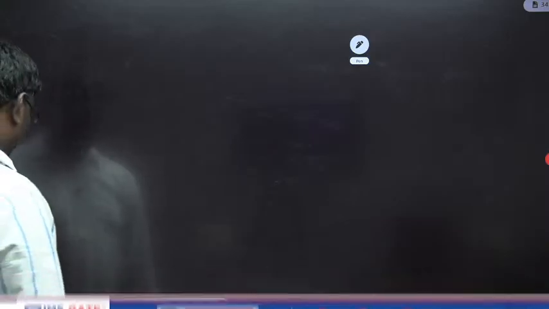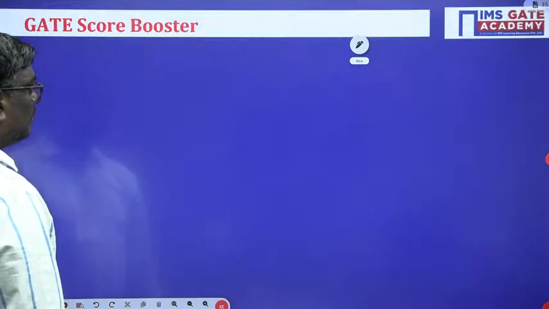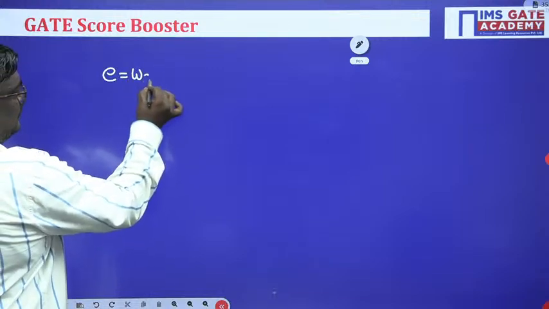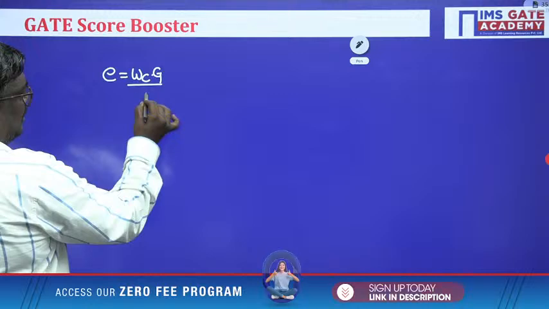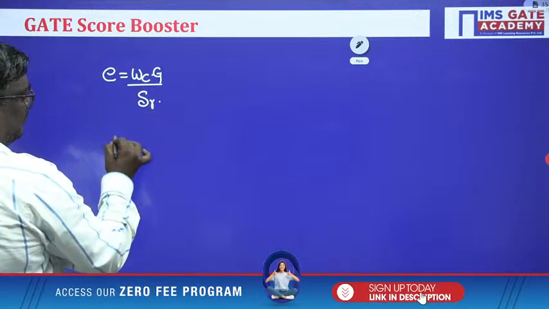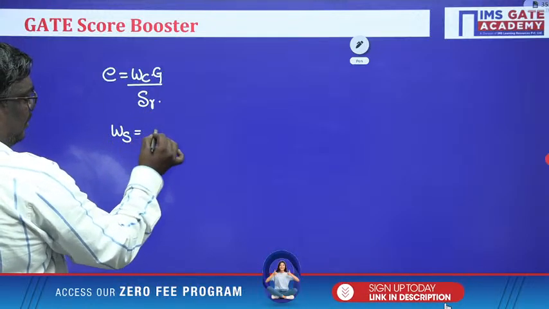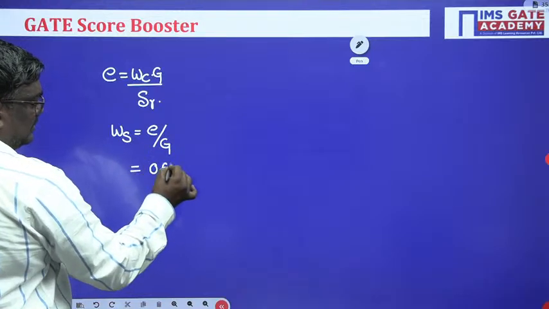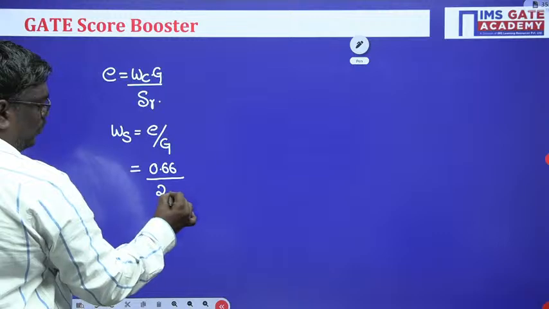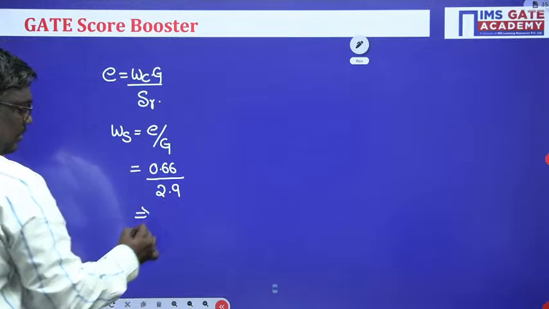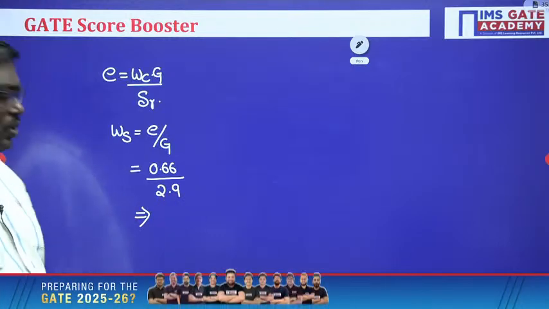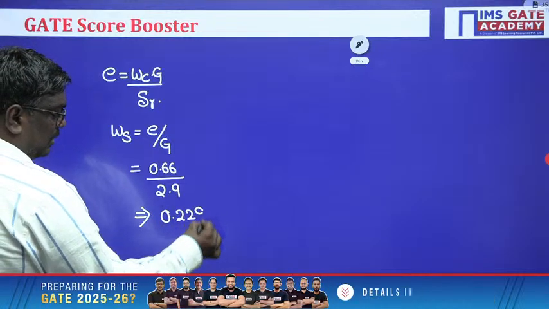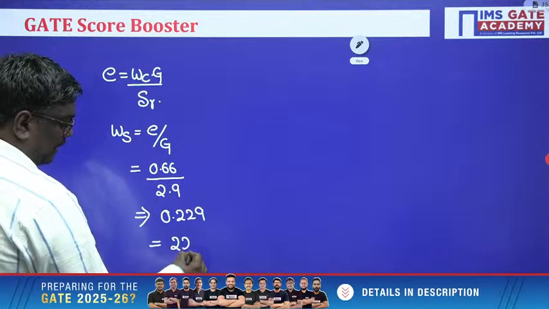Now, my dear students, let me tell you here. E is equal to water content into G upon SR, and shrinkage limit is given by the formula E upon G. E is 0.66 upon G is 2.9. So you will get a value of around 0.229, or you can write 22.9%.